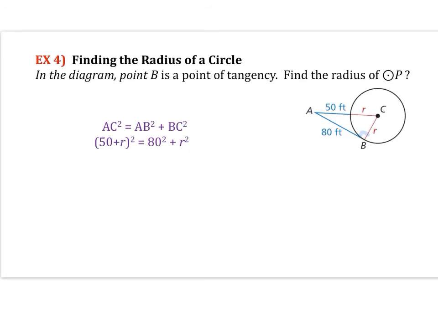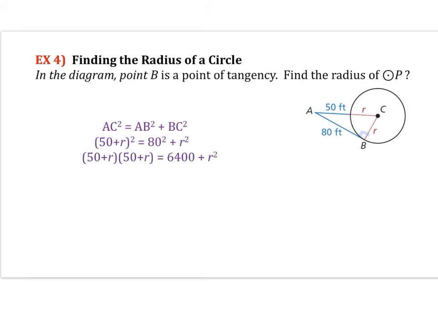Note your hypotenuse is all of this segment here. So it's the 50 length plus the r length. So you have to put it in as an expression. And then you have 80 as one of your legs and r as the other leg, squared. Note 50 plus r squared.